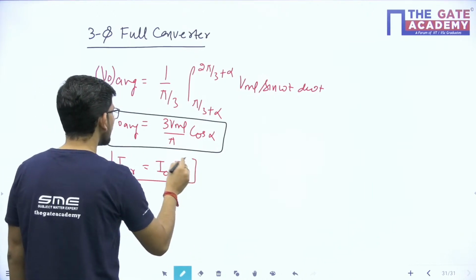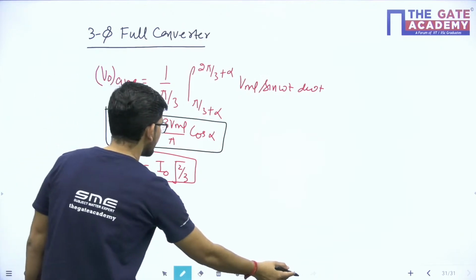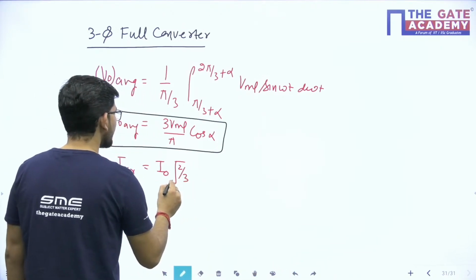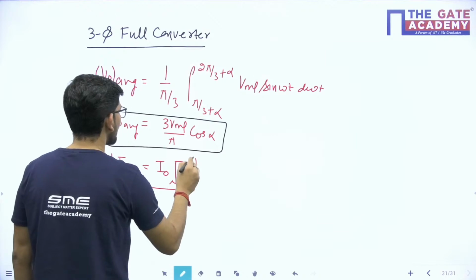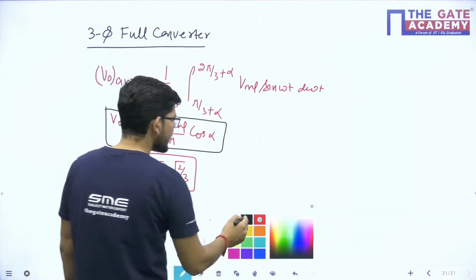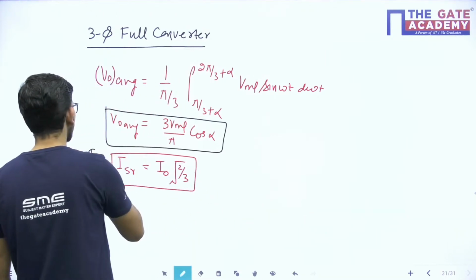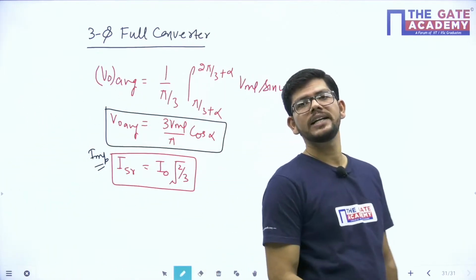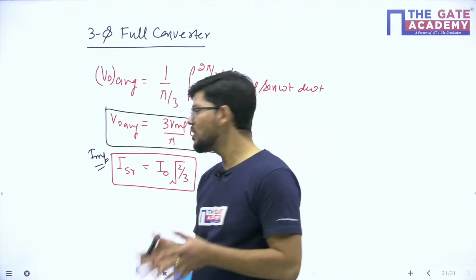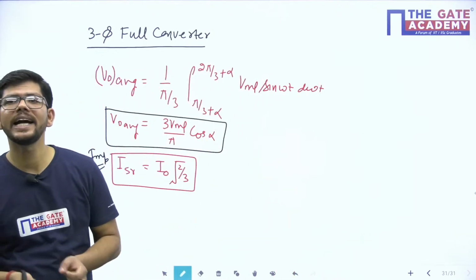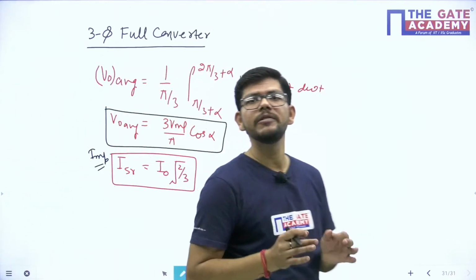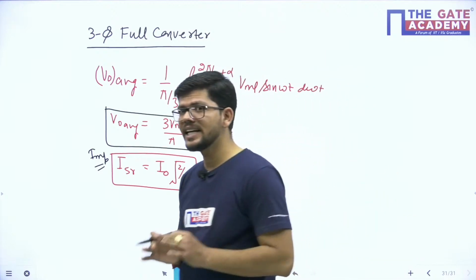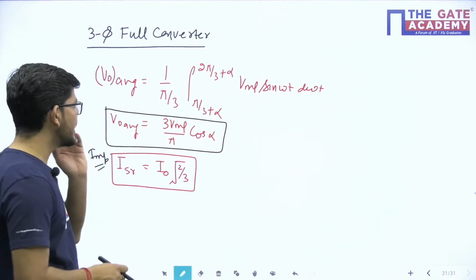It is the most important formula that you must remember, because several times questions have been asked in which they demanded you to calculate the RMS value of the source current, and it equals I naught under root 2 by 3. I naught is the output current which will be given to you. Is that clear? Just give me a reply.